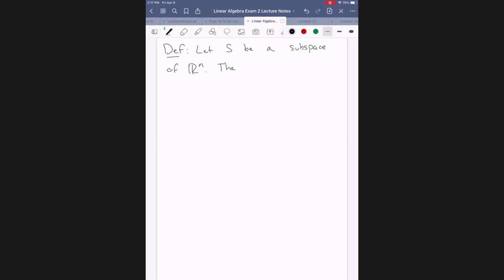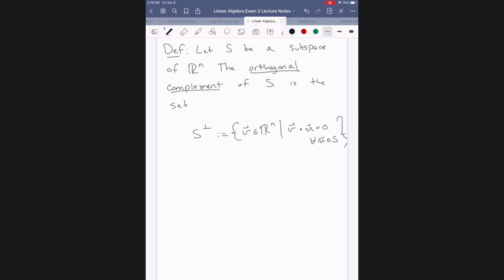The orthogonal complement of S is a set, denoted like this, defined to be the set of all vectors b in Rn such that b dot u is equal to 0 for every u in S. So take a subspace, make a set out of all the vectors that are orthogonal to every vector in that subspace, and that's the orthogonal complement.